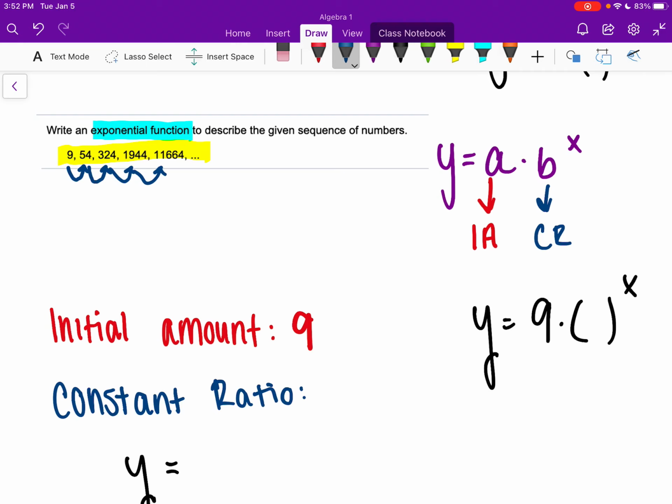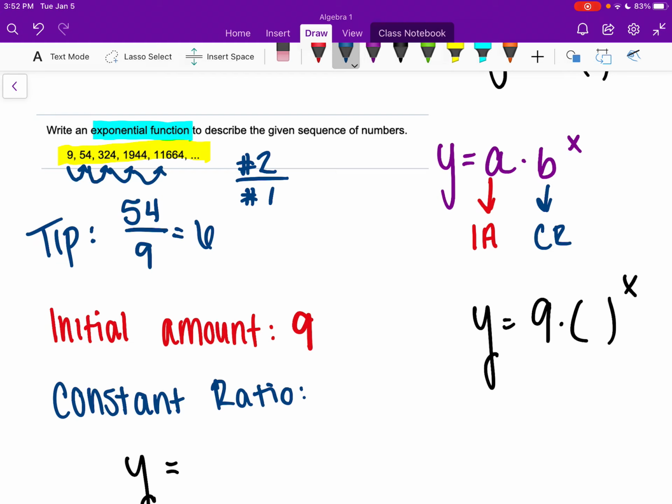And if you want a quick way to always find that constant ratio, here's a tip. Go backwards with division. So 54 divided by 9. Take the number 2 term, divide by the number 1 term, and that'll give you that constant ratio. And 54 divided by 9 is 6.